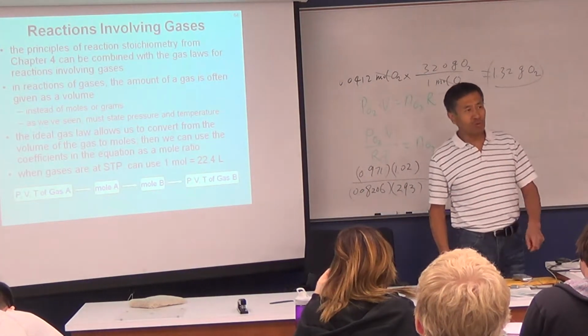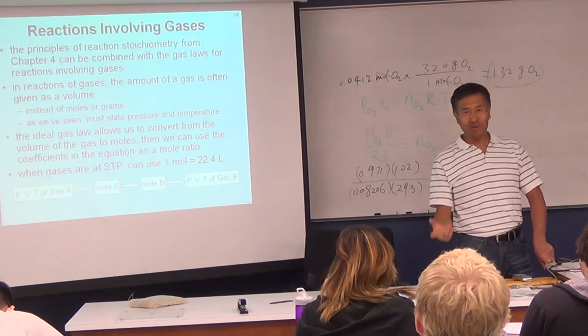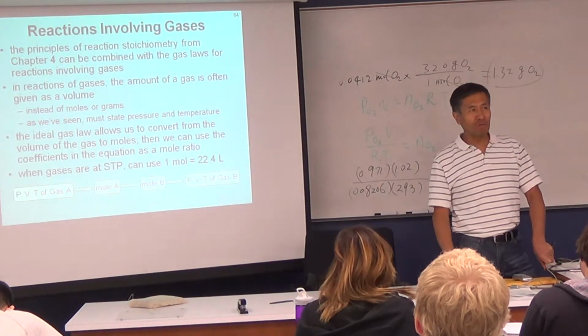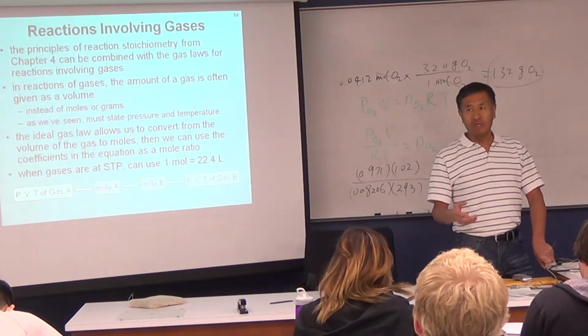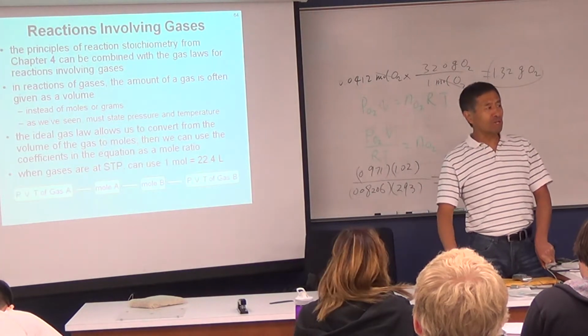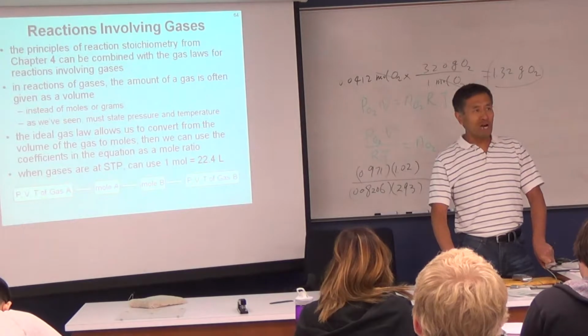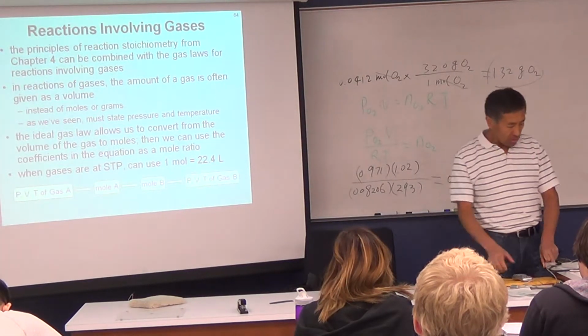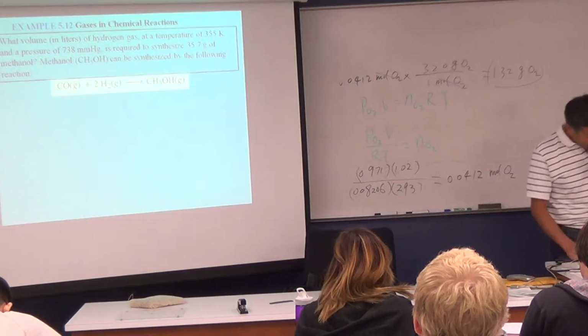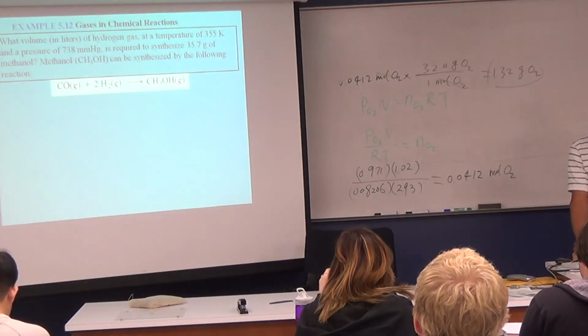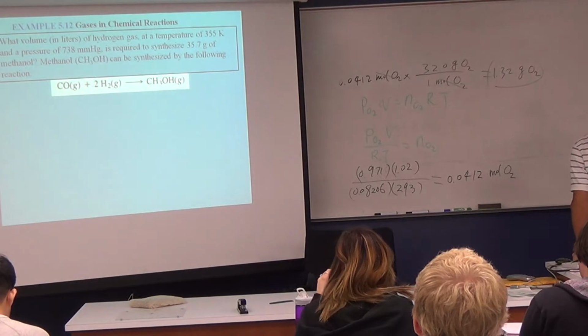And you also review what you learned: if you have a solution, you get moles from molarity. If you have a pure solid, you use the molar mass and grams to get the moles. I think you seem to have those concepts in your mind, right?